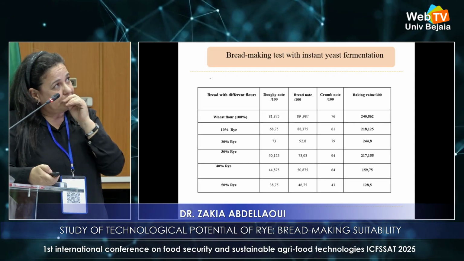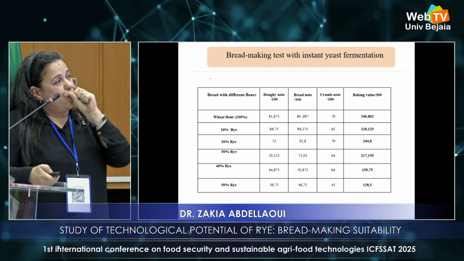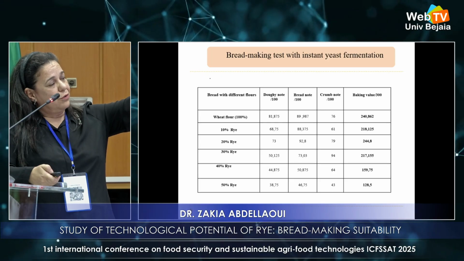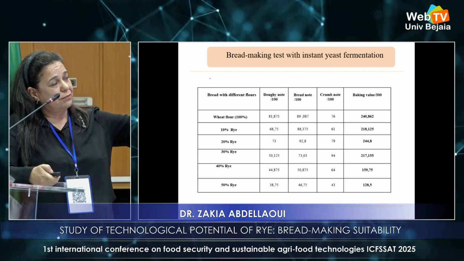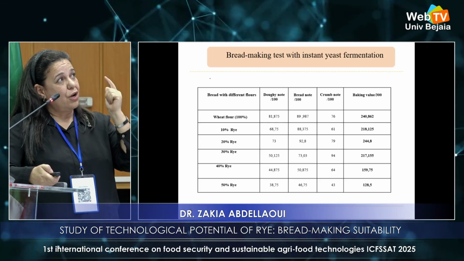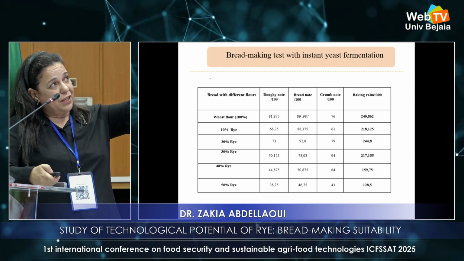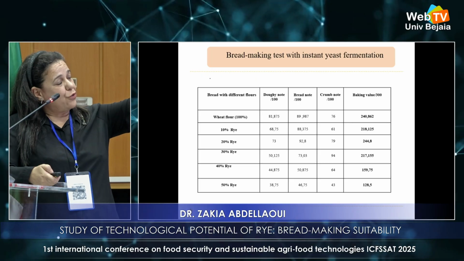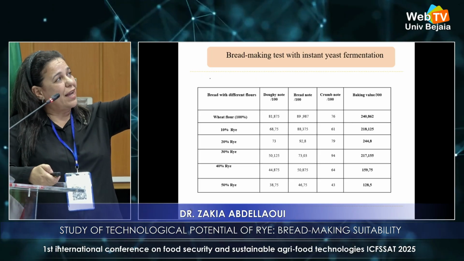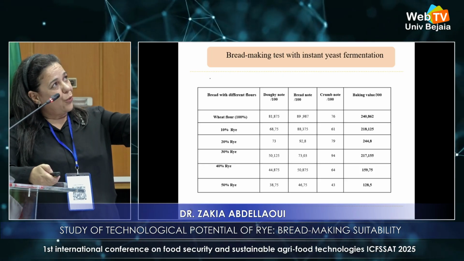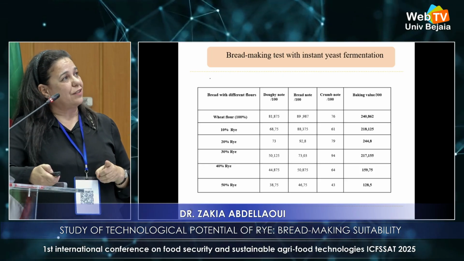The result shows the score given for dough, for bread bake, for crumb, the sum of them gives the baking value. The most interesting one is the rate 20% with instant fermentation.